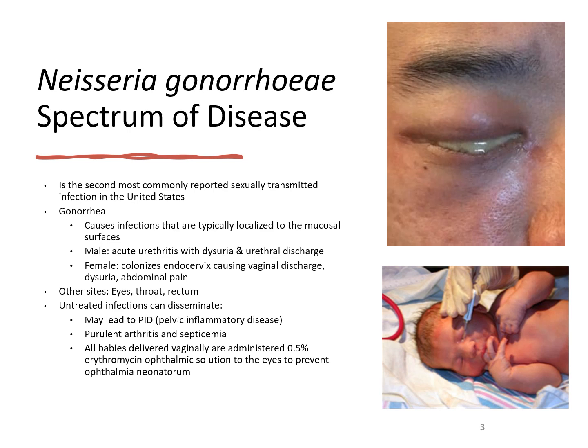If these infections are left untreated, they can disseminate, which can lead to things like pelvic inflammatory disease, purulent arthritis, and septicemia. Because this is transmitted vaginally to infants if the mother has the organism, babies are all given an erythromycin ophthalmic solution once they are born. They put the solution over the eyes, and this helps to prevent any sort of trauma to the infant's eyes from this infection.